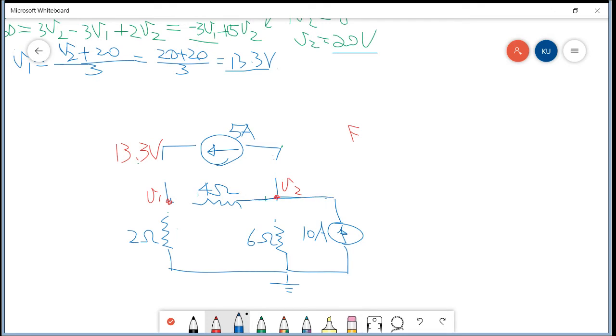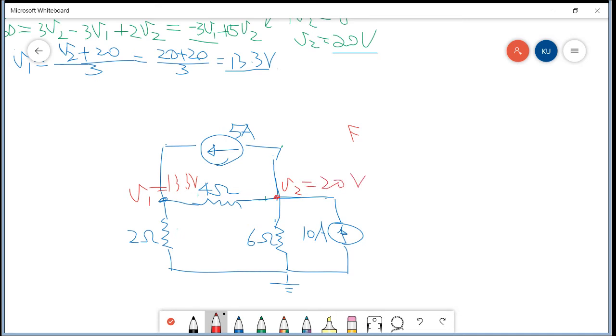Okay, something like this. So this is 13.3 volts. So this would be 20 volts.